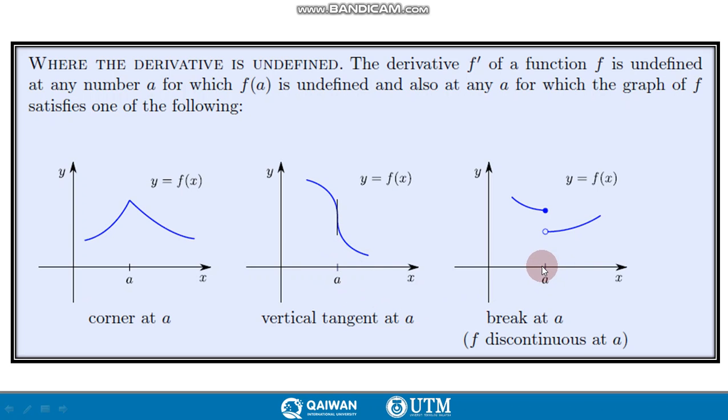And also, if the graph of the function is discontinuous at point A, or if it breaks at A, then the derivative of the function f of x is not defined at point A. We have these three cases where the derivative of a function is undefined at a point.